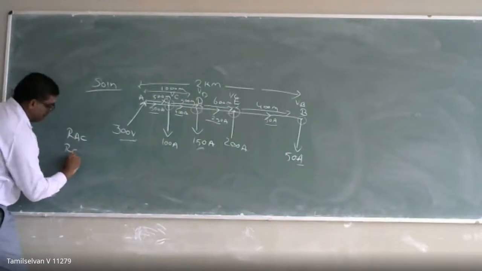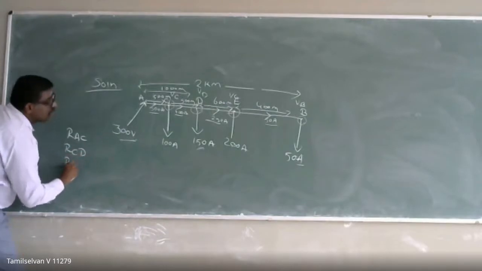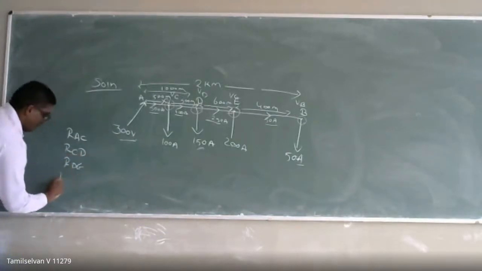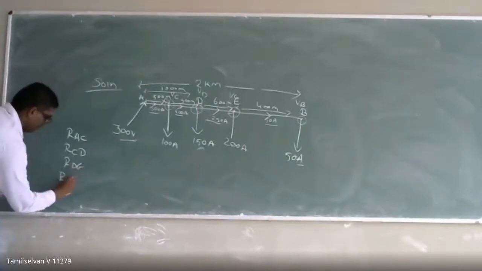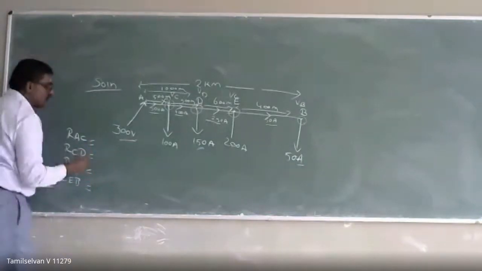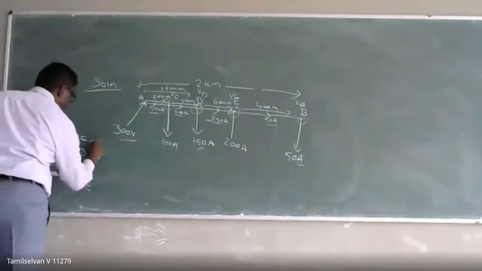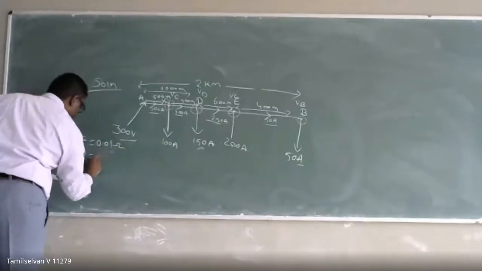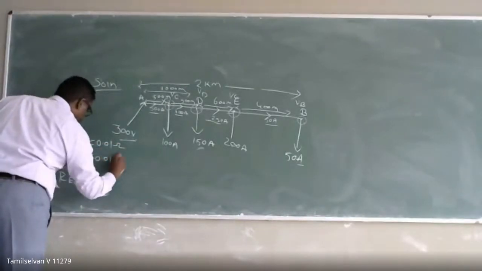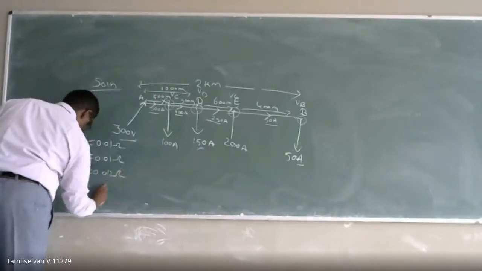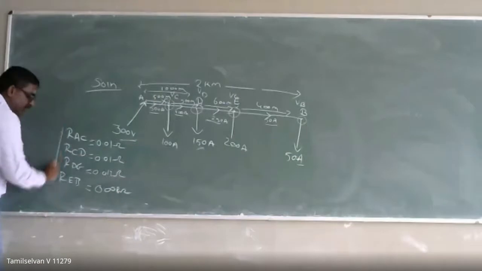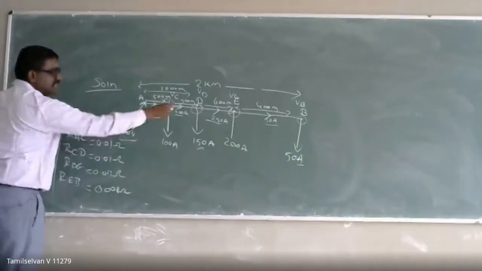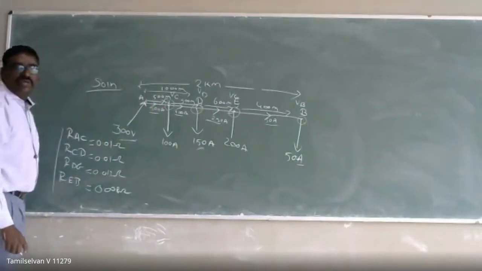RAC, RCD, RDE, REB. So we have calculated the resistance values: 0.01 ohm, 0.01 ohm, 0.012 ohm and 0.008 ohm. So this is what we have calculated for the section resistances, the resistance of each and every section.